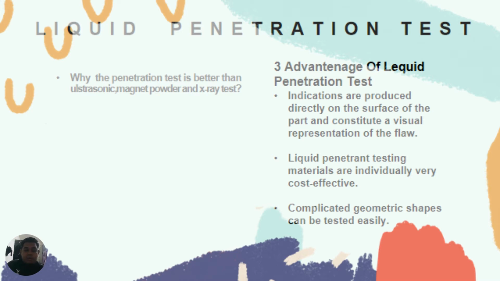For question number 2, why is the penetration test better than ultrasonic, magnetic particle and assay tests? It is because the liquid penetrant test is affordable, feasible and easy to use, and is considered when visual inspection is not enough to detect cracks in concrete, especially in the case of liquid retaining structures. This test method is able to observe cracks, but is neither specific in depth nor able to monitor crack development.